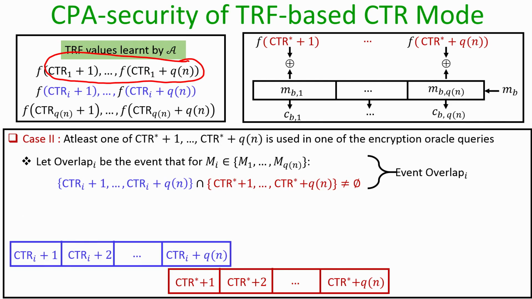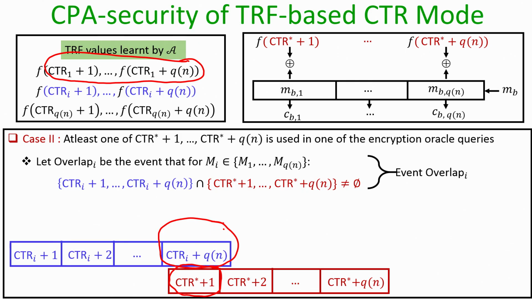There could be several ways in which the event overlap I could occur, right. This is one possible way in which there could be an overlap between the counter values used for encrypting the blocks of the message MI and the counter values which have been used to encrypt the blocks of the message MB. Namely, it could be possible that the last counter value used for encrypting the last block of the message MI is the same as the first counter value used to encrypt the first block of the challenge plaintext.